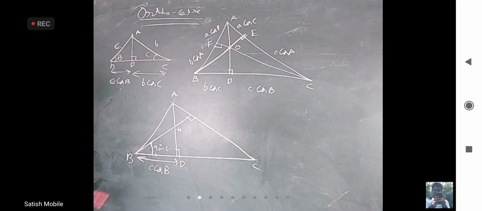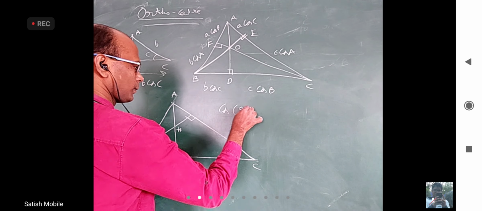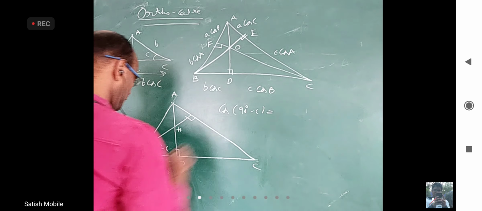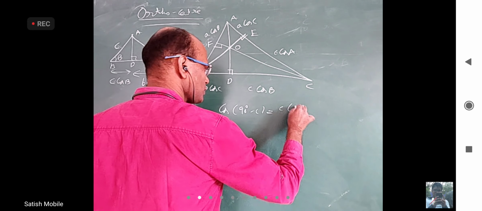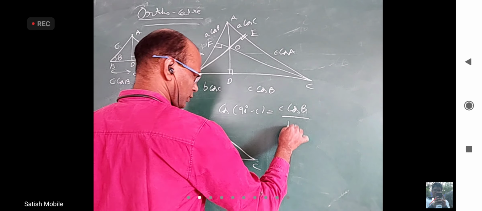Okay, so let me take cos of 90 minus C. Adjacent side is C cos B, and hypotenuse is BH.